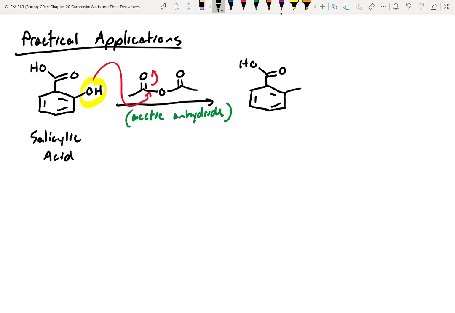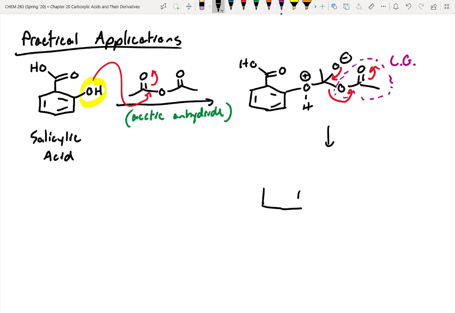So after this step, we now have an oxygen with a negative charge. And this oxygen with the negative charge can then clamp down, can kick off electrons, and basically treat this entire group over here as our leaving group.